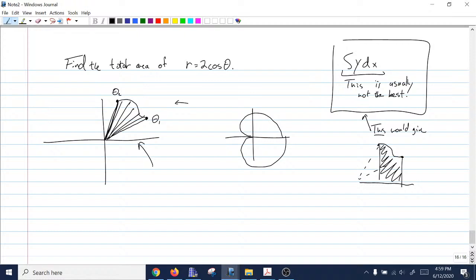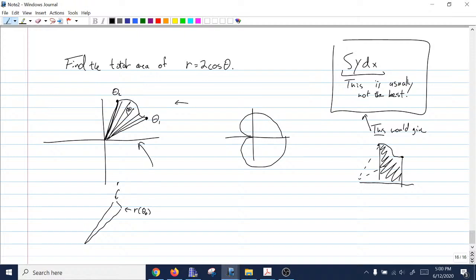How would we work out this area? I want to think about a tiny delta theta value. I want to pick a tiny little delta theta and say, how would I work out the area? I have this r value, r of theta, let's call it theta 0.